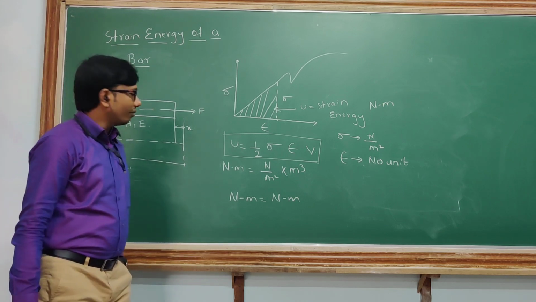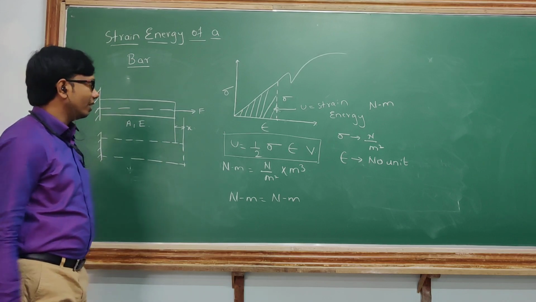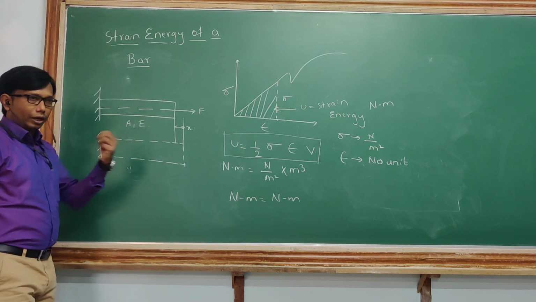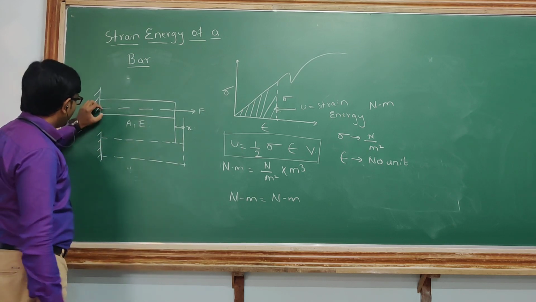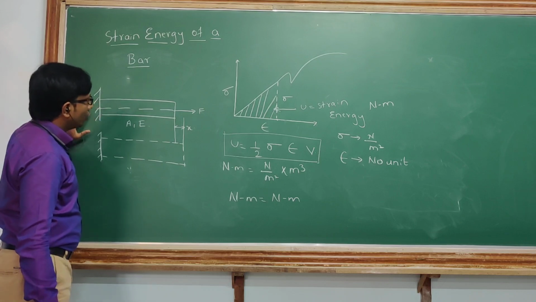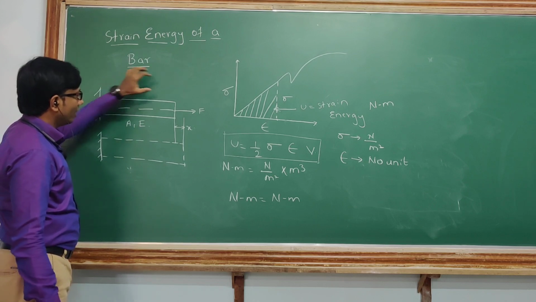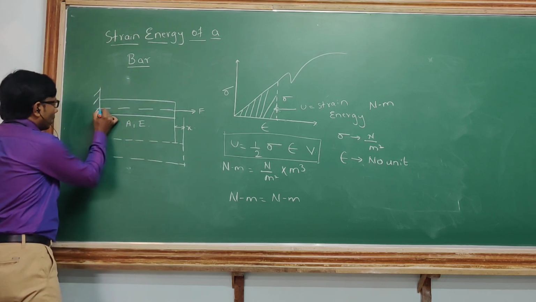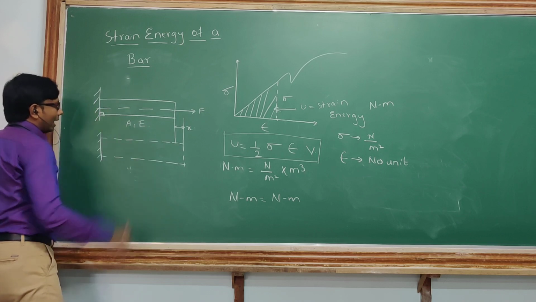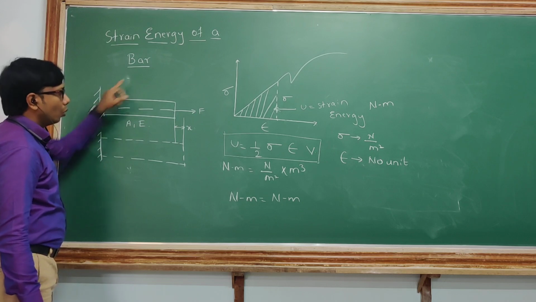We still have to modify this equation, because in order to know the individual strain energy, if I assume a small part here, I calculate the strain energy for that small element, but I want to calculate it for the whole system.